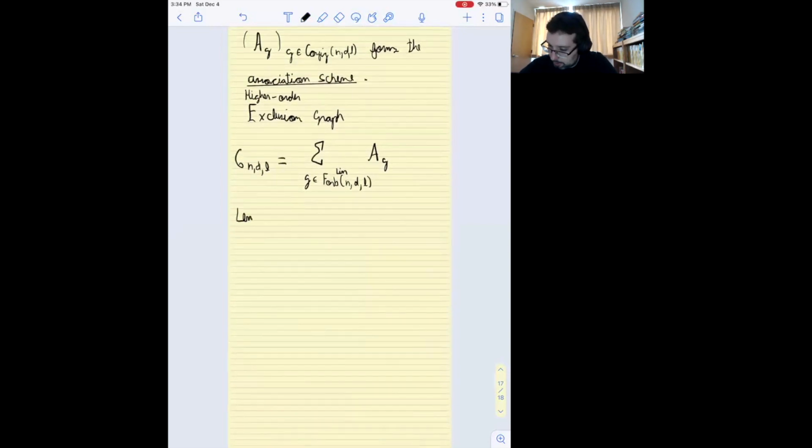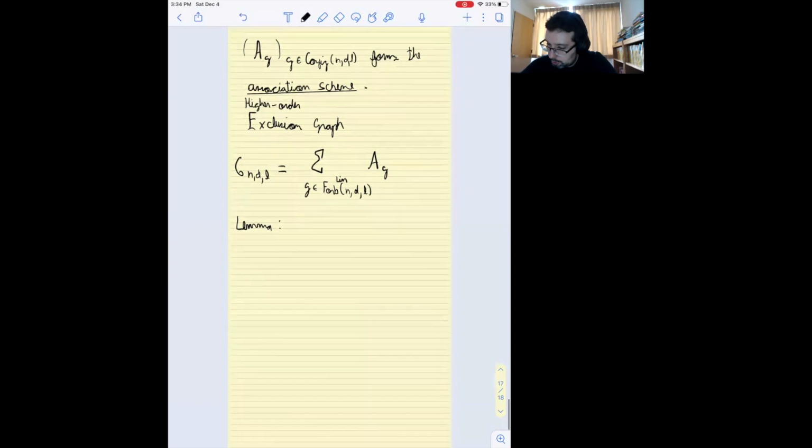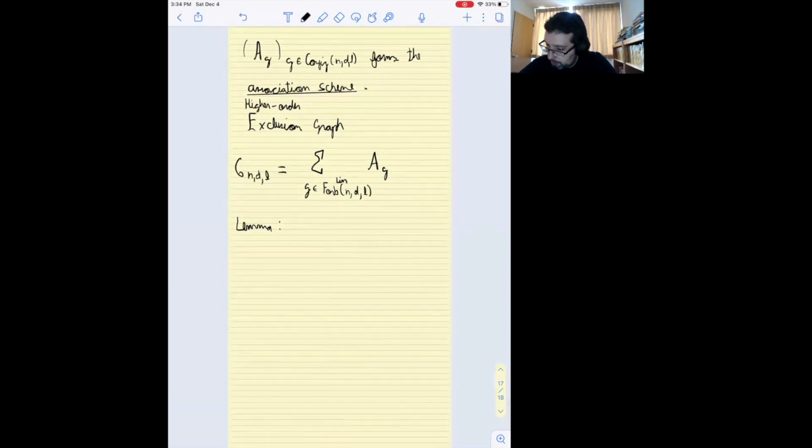The lemma now, and this can be seen from a few angles again, is that if you look at the value of the theta prime formulation on this exclusion graph, G_{N,D,L}, this is the same as the value that you get in the Krawtchouk hierarchy, the Krawtchouk LP indexed by N, D, L. So it's very good.